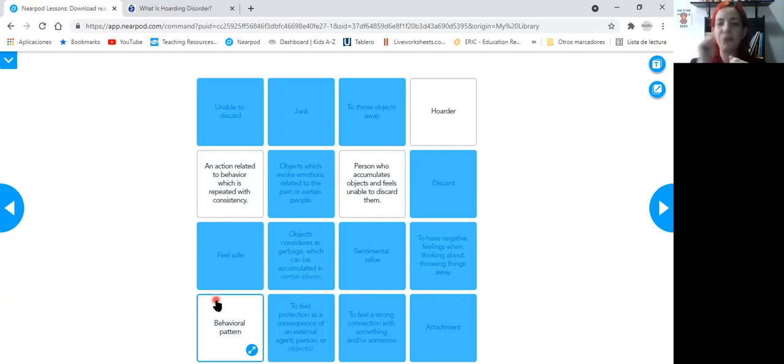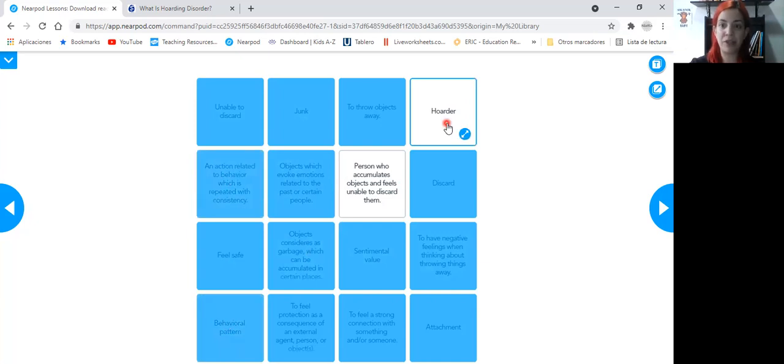Pattern is when you, for example, are knitting and you see a structure. Good. In this case, it's like a structure that is consistent. Good. And we have hoarder, that this is the center of the class.